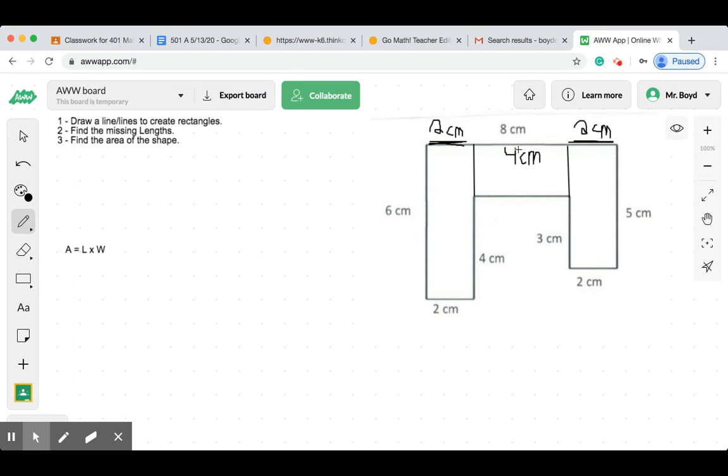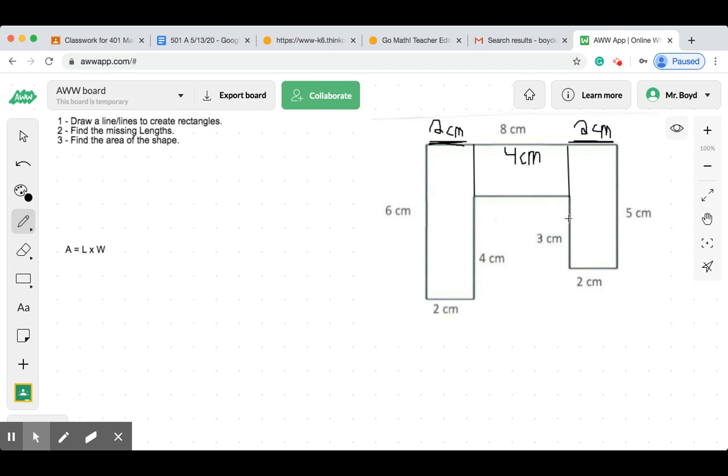But now that I have the width, I need to find my other missing side to multiply by to find this area. So again, we're going to use opposite sides. If I know that this whole length right here is 5 centimeters, then this whole length must also be 5 centimeters.